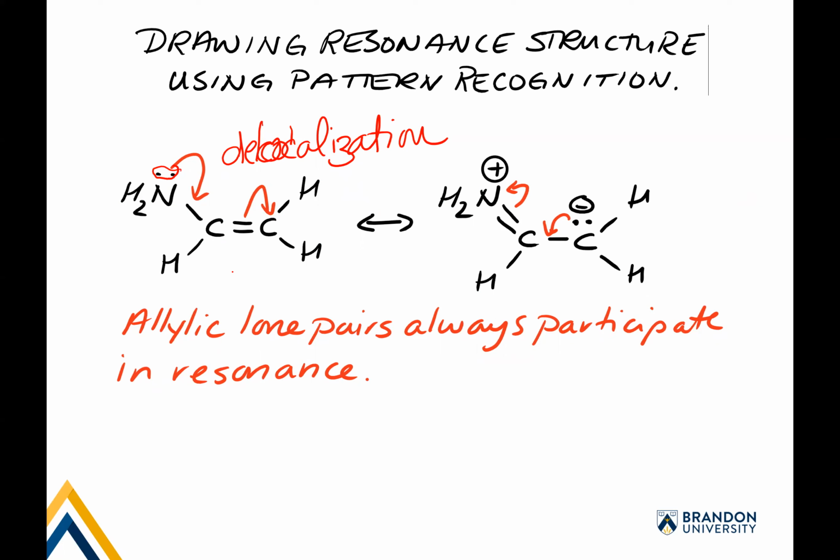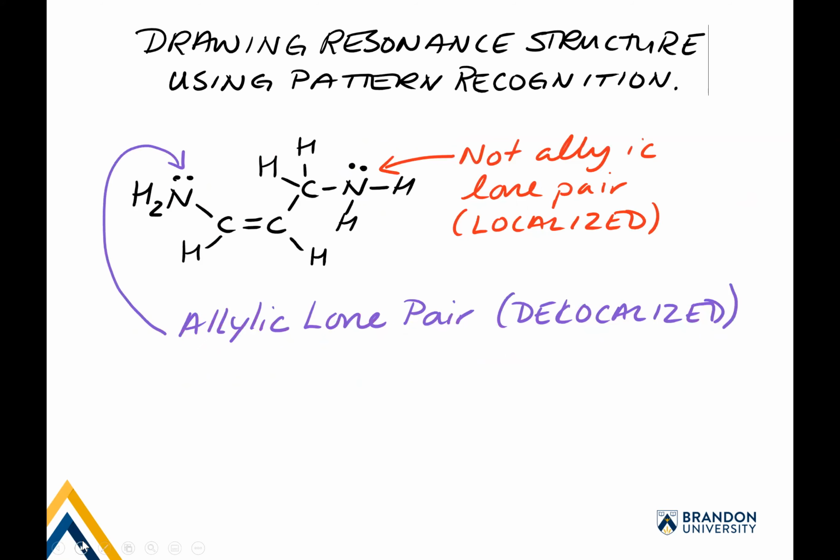So for this to take place, I think the next slide shows this. Next slide's talking about the difference between localized and delocalized. So when you've got electrons that can participate in resonance, draw a resonance structure.